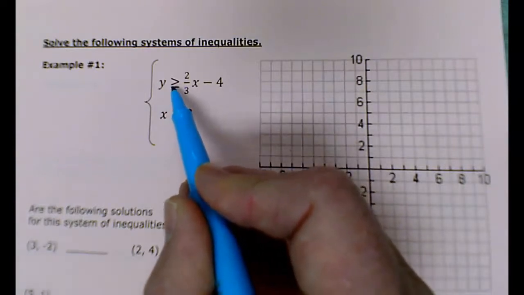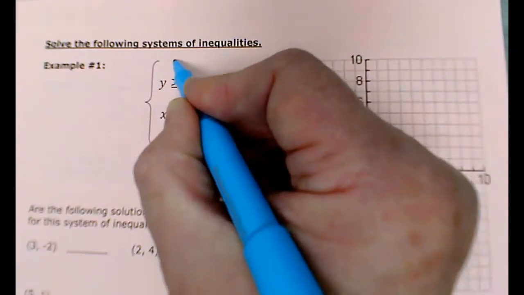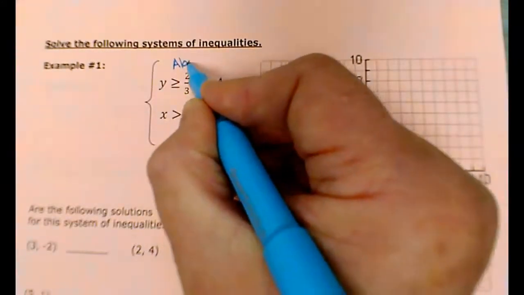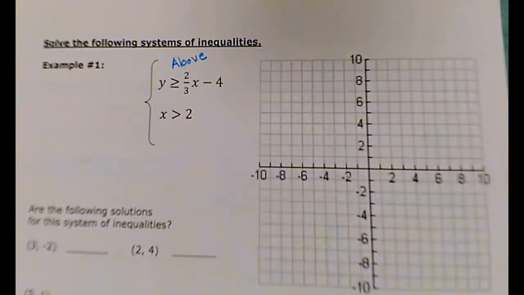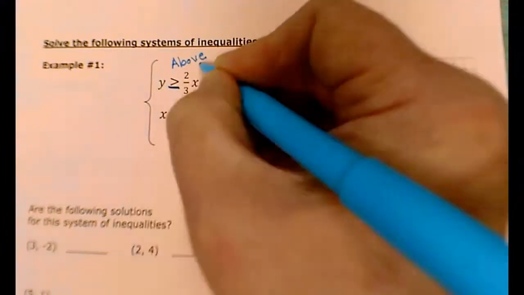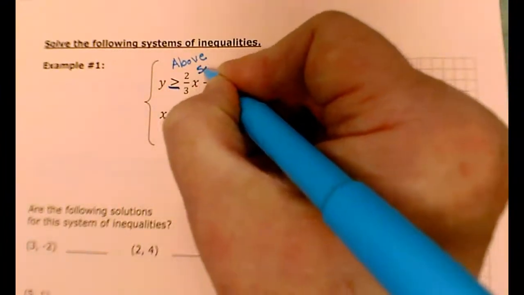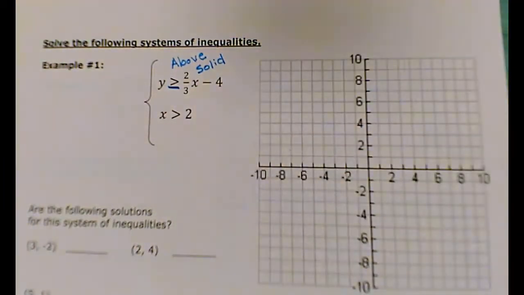When I graph that, am I going to graph it above or below the line? Greater than means I'm going to be above the line, and it has this part right here, so that means when I graph it, I'm going to graph a solid line.